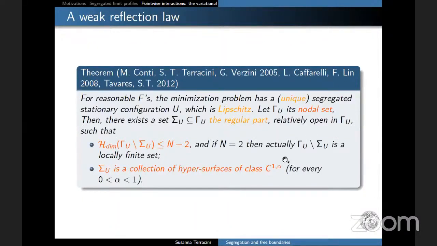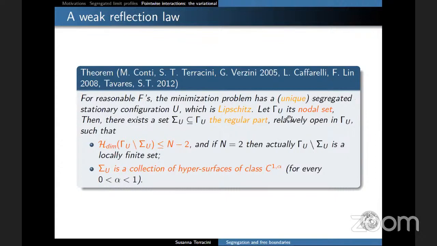And something that can be proved is that this minimization problem, with some mild reasonable assumptions on the capital F, has a unique, this is non-trivial, segregated stationary configuration, which is Lipschitz in the sense that all components are Lipschitz functions.